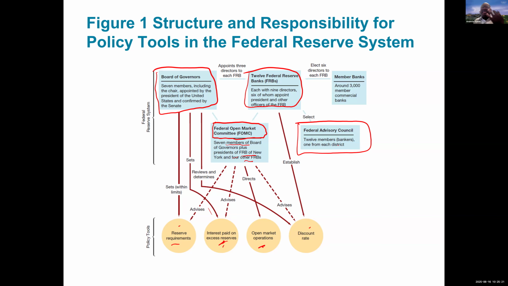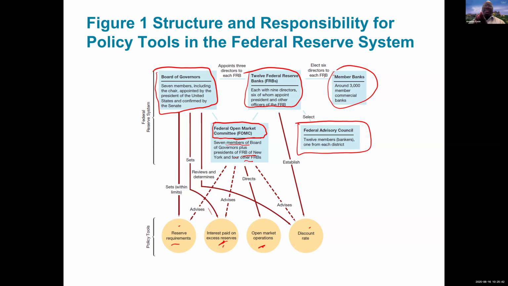So they act as a liaison between the Board of Governors in Washington, D.C. and the district branch. And then I talked about member banks. Now there are actually about 3,000 member commercial banks that are members of the Federal Reserve System. So that's how complex the institutional branches of the Fed are.